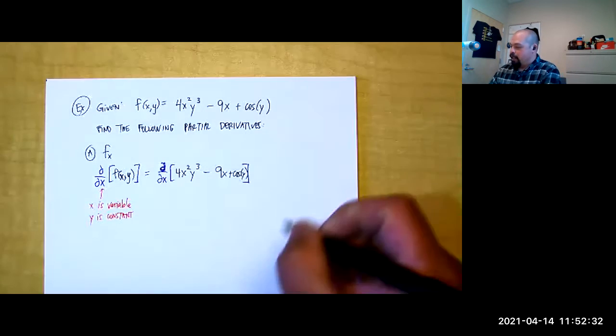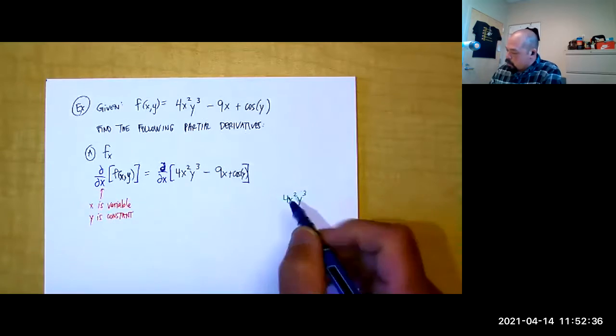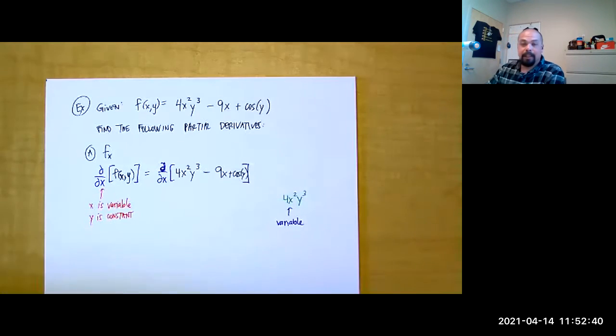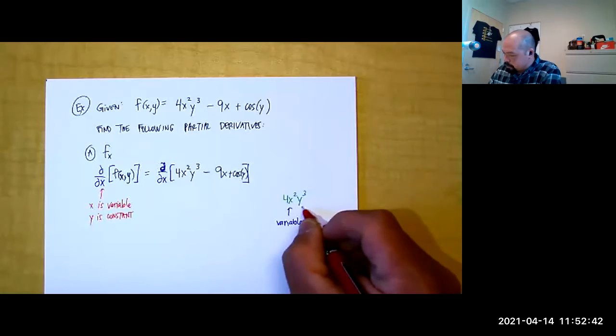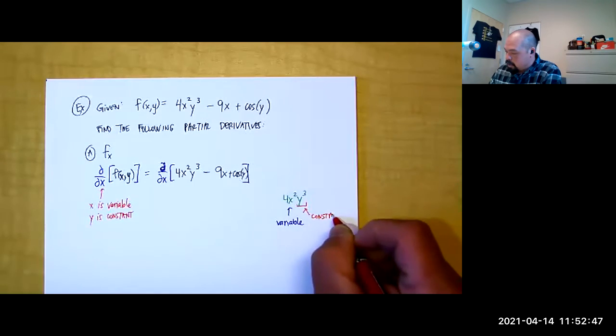So off to the side here, thinking about that 4x squared y cubed, x squared, there's my variable. That's the one that's actually going to get the derivative work done on it. That y cubed is just a constant.